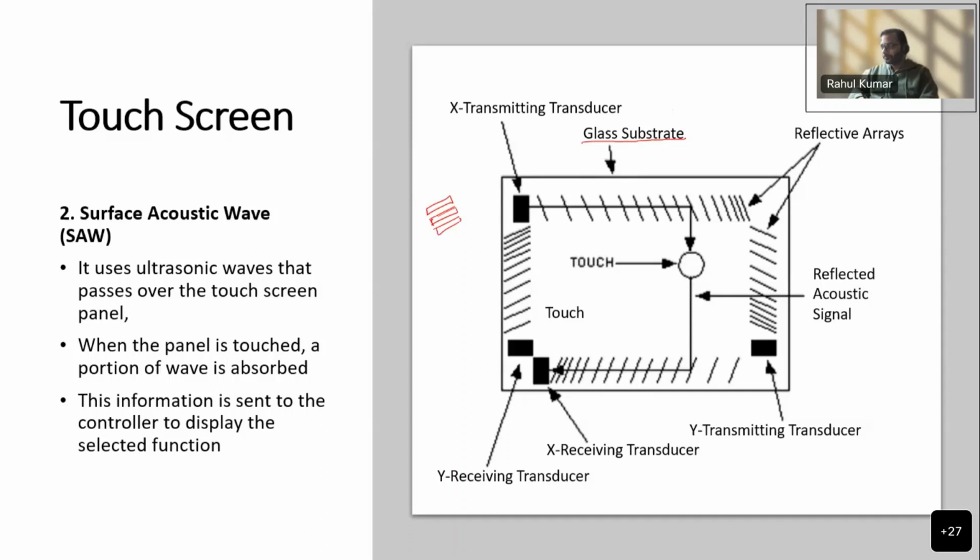And the same thing we do on the other side. When we apply some voltage or potential across these sets of electrodes, a wave is produced.